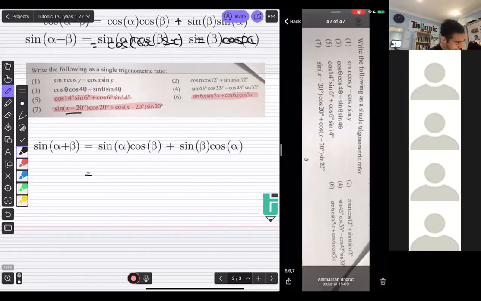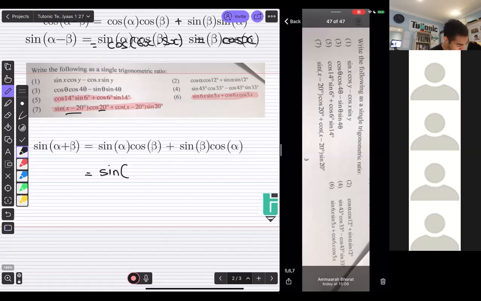What's A and B? A is x minus 20. B is 20. Are you going to add or are you going to subtract? Add. So then you get the final answer.